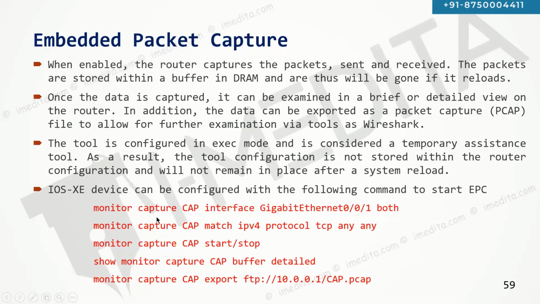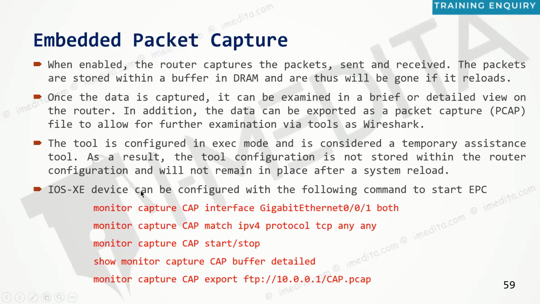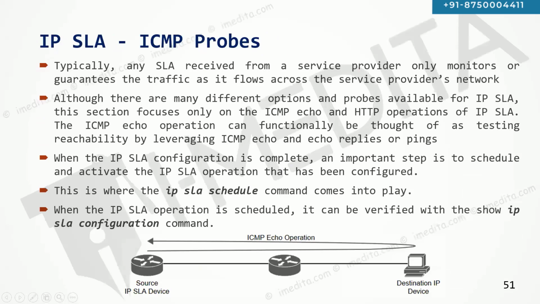We can enable the packet capturing on the IOS XE based device, and then we can download the PCAP file on a machine, and then we can analyze it via Wireshark. So that is embedded packet capture, data path packet trace feature, conditional debugs. These things we will talk about tomorrow.